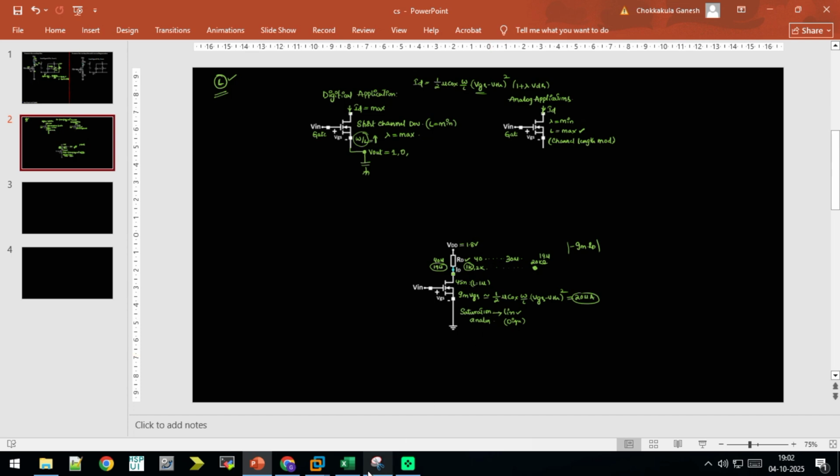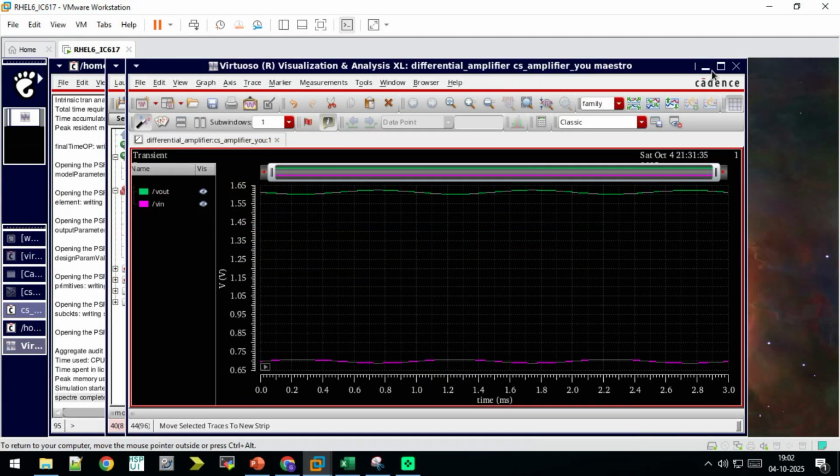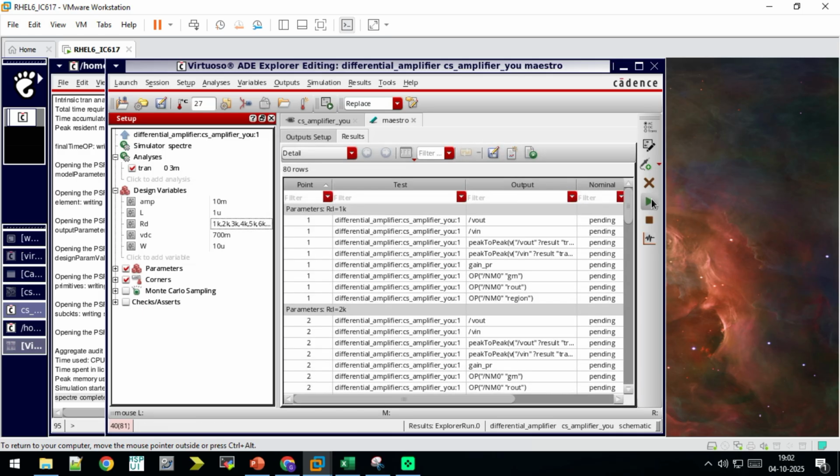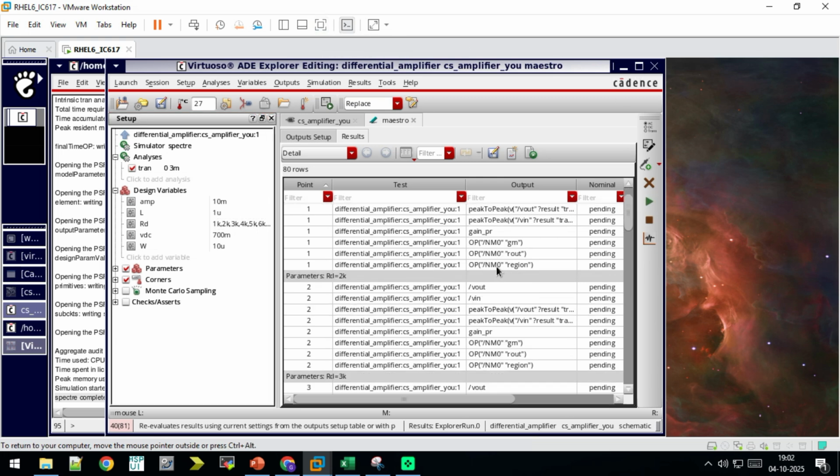So based on this condition, we are simulating the load resistance with different values: 1 kilo, 2 kilo, 3 kilo, 4 kilo, 5 kilo, 6 kilo, 7 kilo, 8 kilo, 9 kilo, 10 kilo. So let us simulate it. You will be getting all these values here.